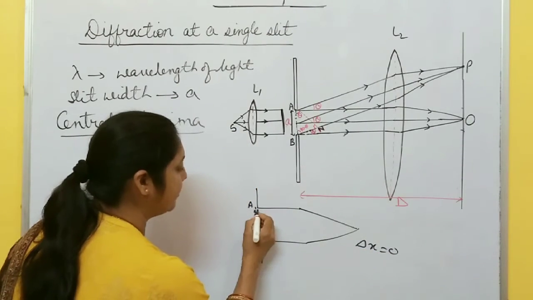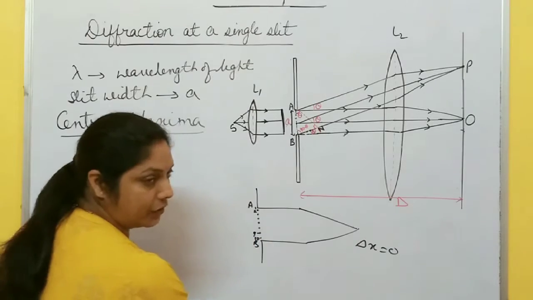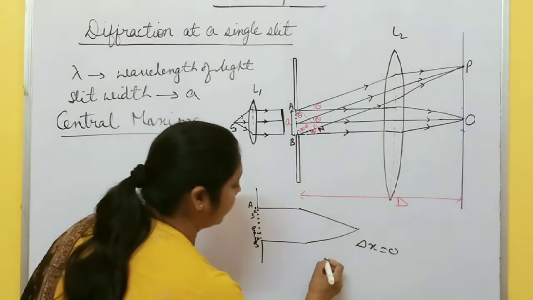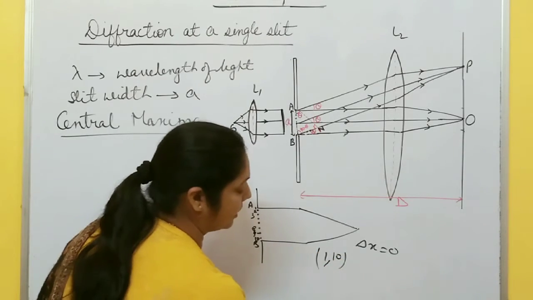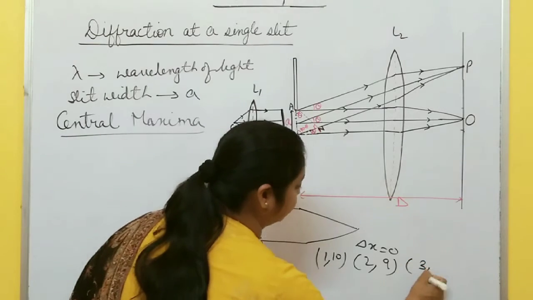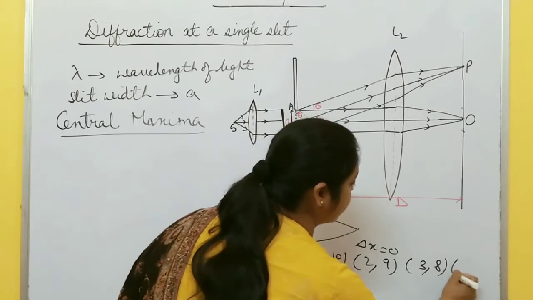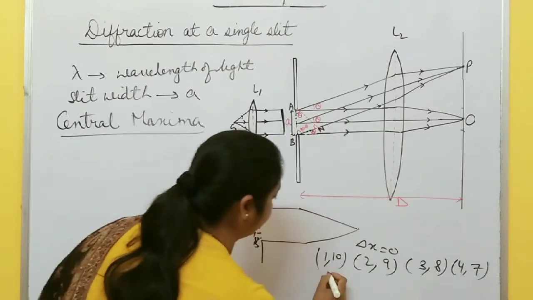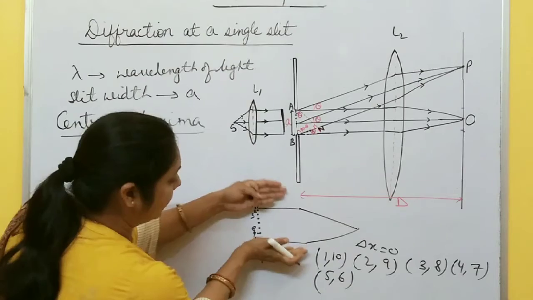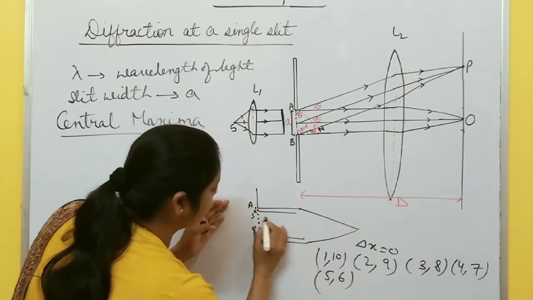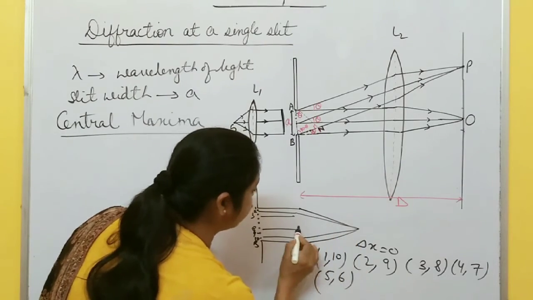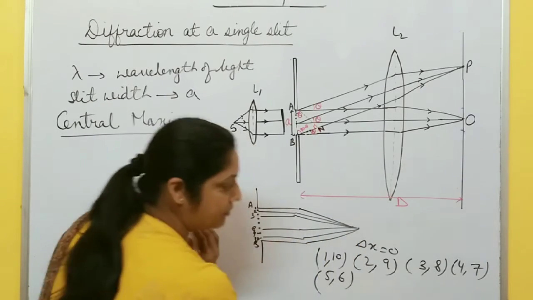Again next between 2 and 9, then 3 and 8, all these are corresponding points, 5 and 6. Between all these corresponding points, the wavelets reach point O in the same phase.